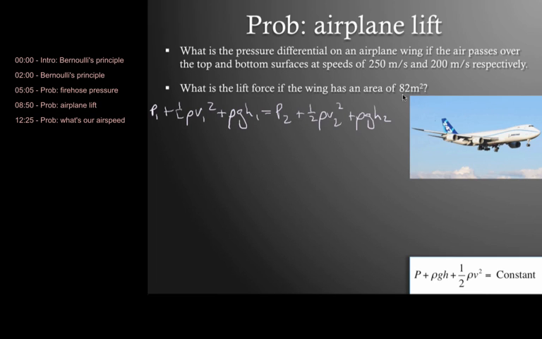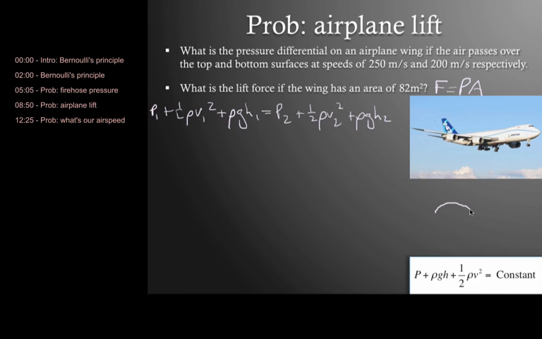And now, if we're talking about lift force, here we're going to get a pressure, and so we want to relate pressure with force. So this is actually going to be PA. So pressure is force over area, so then force is equal to pressure times area. So we want to find this pressure difference across the wing.